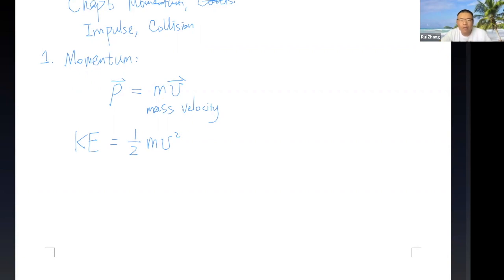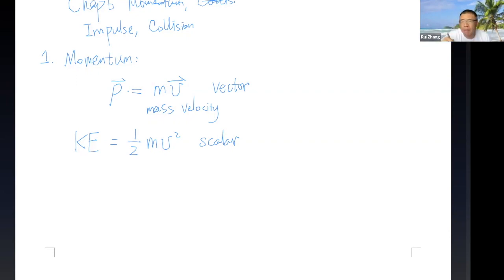For another thing, in kinetic energy we're actually talking about the speed squared, so kinetic energy is a scalar. Well, momentum is a vector. Because v is a vector, there is a direction associated with momentum, okay?